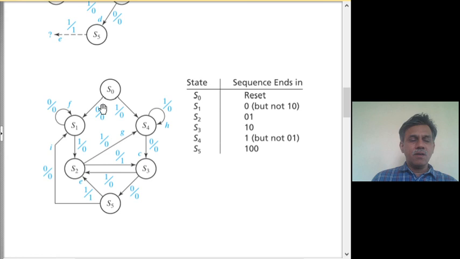Now, in S0 we have handled both cases of a 0 and 1 occurring, and in S1 also we have to handle. In S1 we have already handled 1, but a 0 can also occur in S1.